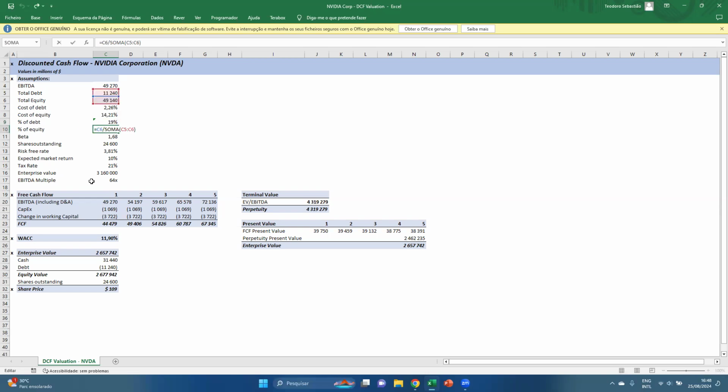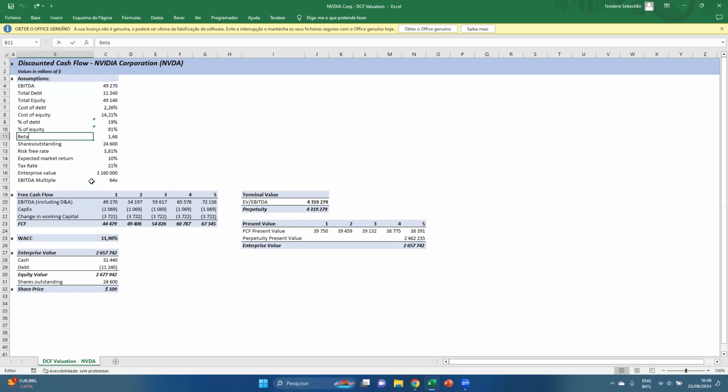Then we have the percentage of equity: the equity divided by the sum of both equity and debt. Basically, the sum of these two is going to be 100%.